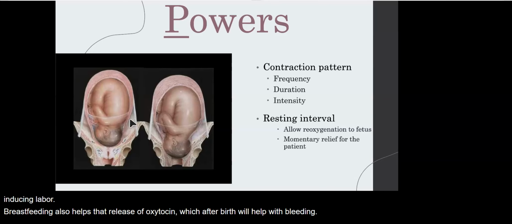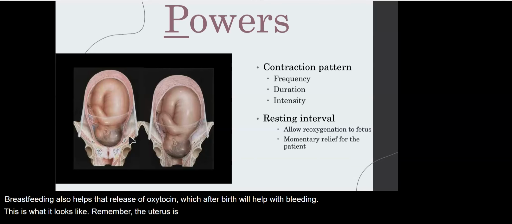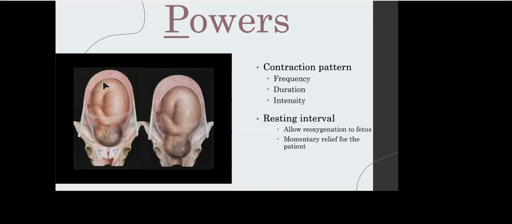This is what it looks like. Remember, the uterus is a muscle. True contractions will start at the top of the uterus and will get stronger and push the baby down and out. That's what causes more pressure on the cervix, and it begins to thin and dilate or open, which helps baby get pushed down and out.